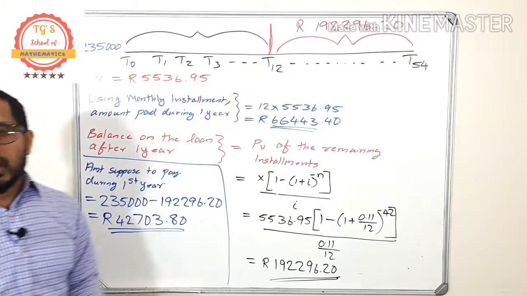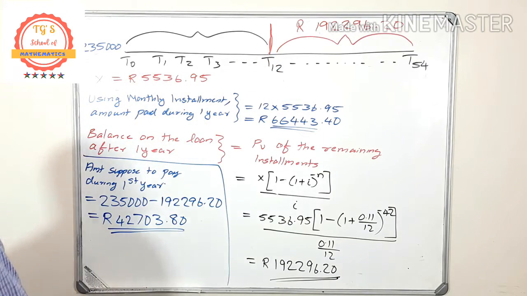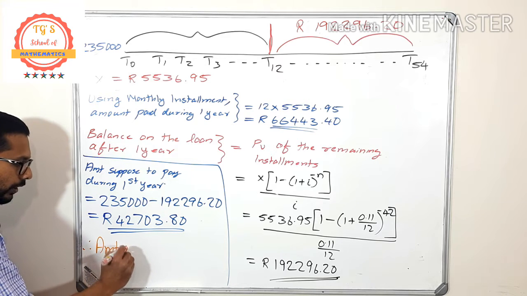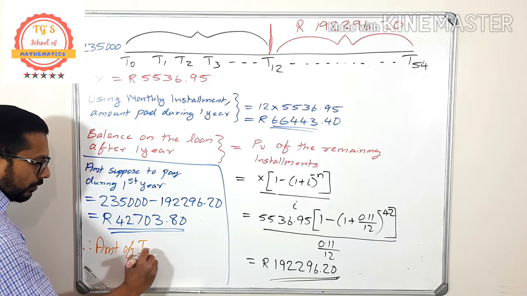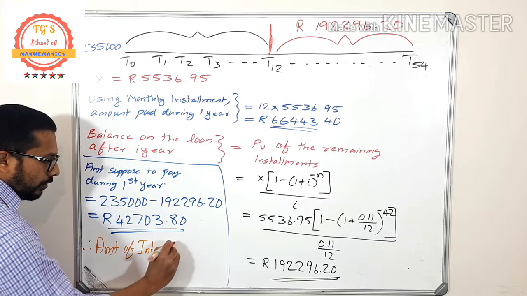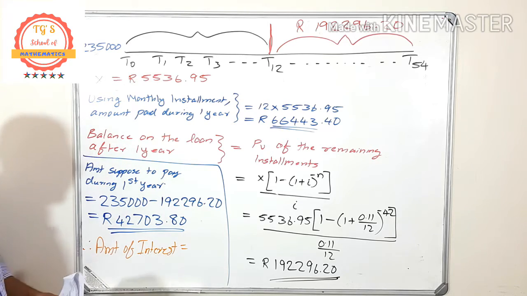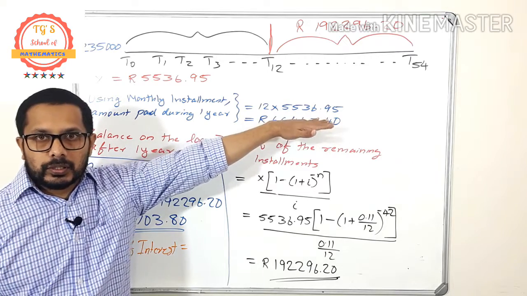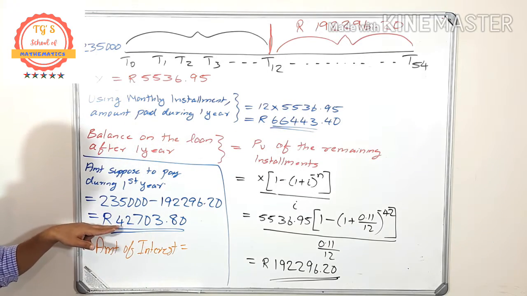So how can you find the amount of interest? The amount of interest is equal to, actually he paid 66,000 something, but he is supposed to pay 42,000.